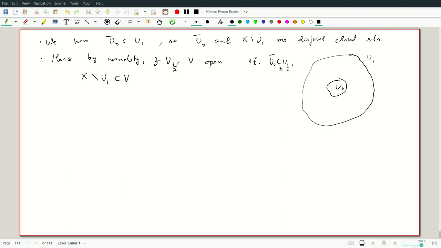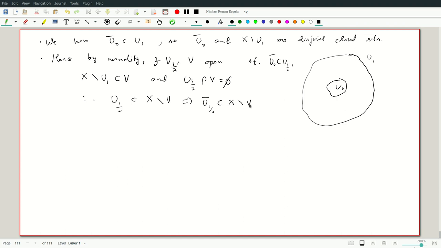So U0 bar is contained in U half, x minus U1 is contained in V, and U half intersection V is empty. Therefore, U half is contained in x minus V, which is closed, which implies that U half bar is contained in x minus V.